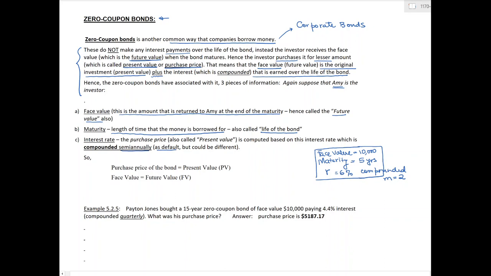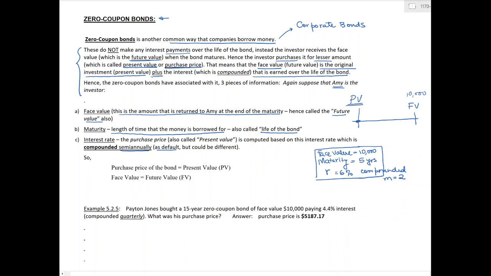So the idea is this: if you look on the timeline, here is the future value, which is the face value, which is $10,000. So the question becomes, what is the present value? What is the purchase price?